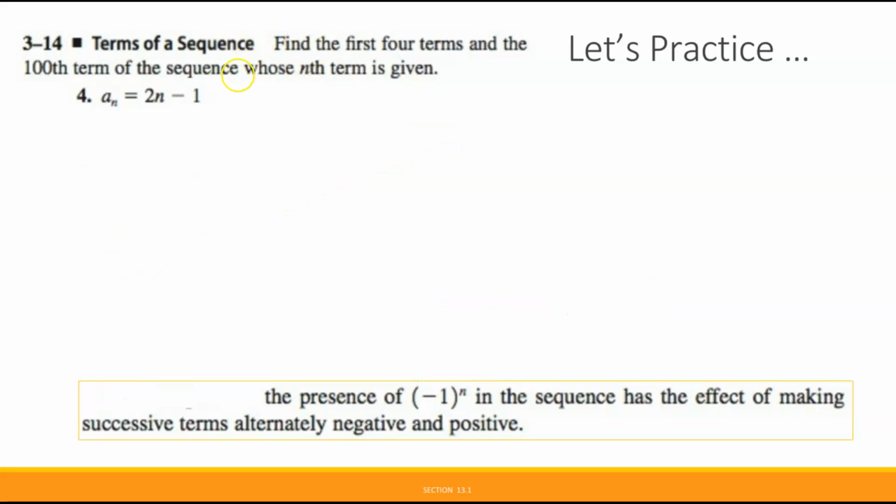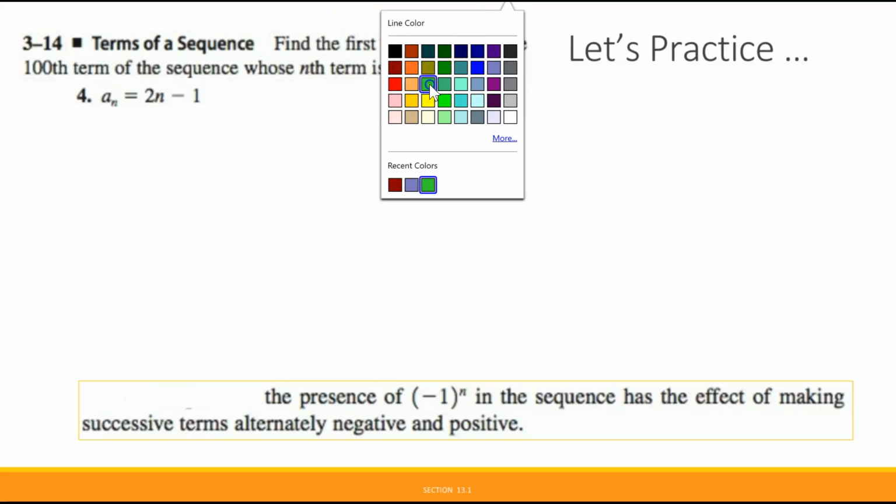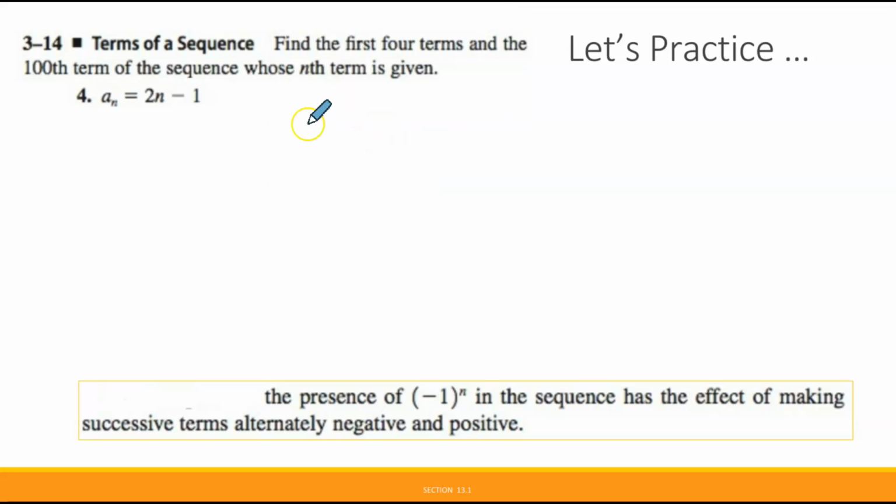Okay, so let's go back to some examples. Find the first 4 terms and the 100th term of the sequence whose nth term is given. So for the first 4 terms, we're going to start out with n equaling 1, because remember that was the domain of the sequence.